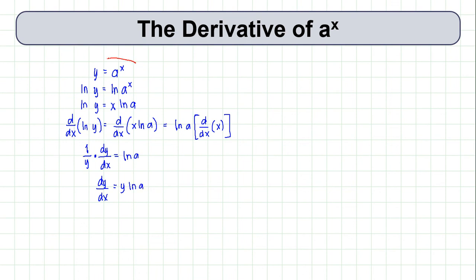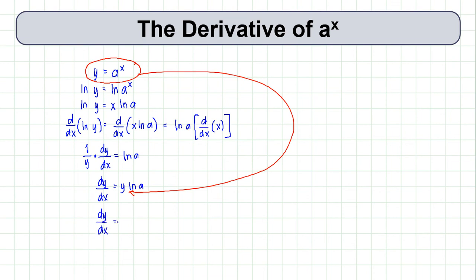In fact, yung value ng y ay a to the x, which is pwede nating ipalit dito sa y na to. Therefore, yung ating derivative with respect to x is equal to a to the x ln of a. So, ganun lang naman siya.